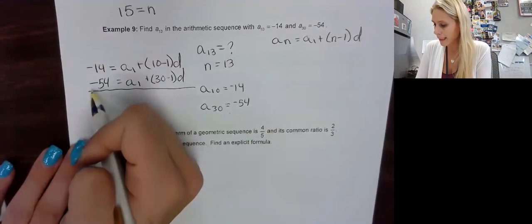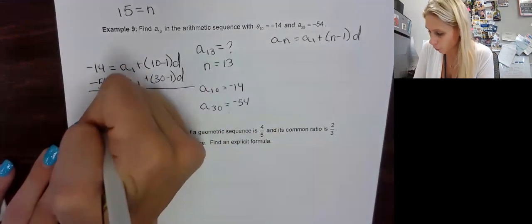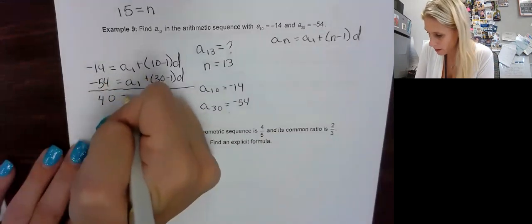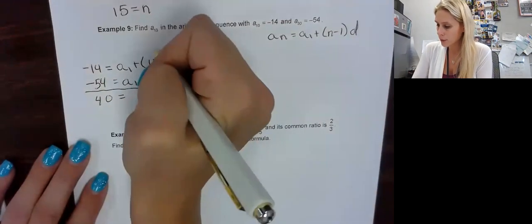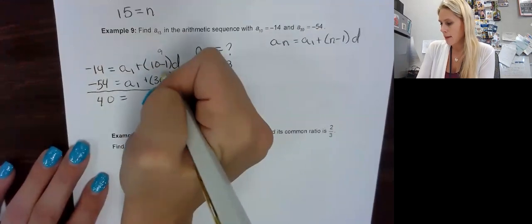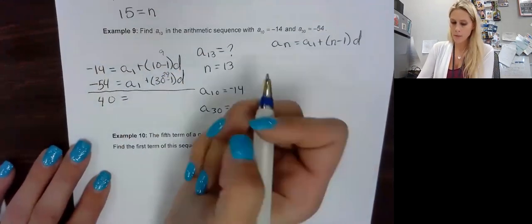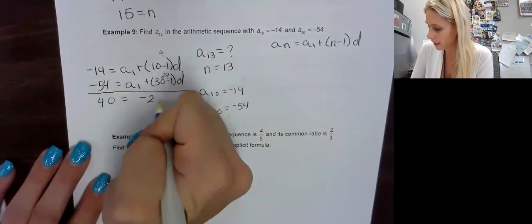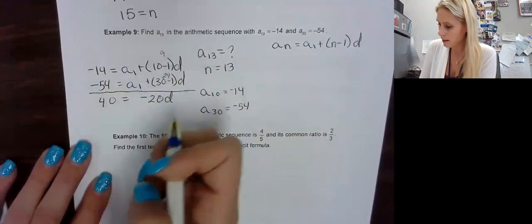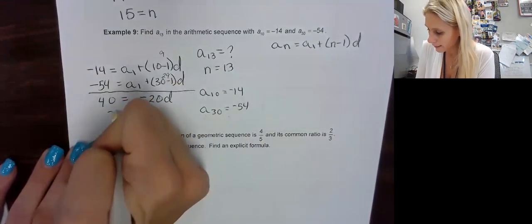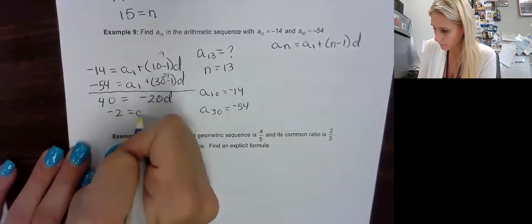So negative 14 minus a negative 54 is a positive 40. Now, if you want, guys, you could say this is 9 minus 29, right? Which gives us a negative 20d. So negative 2 equals d.